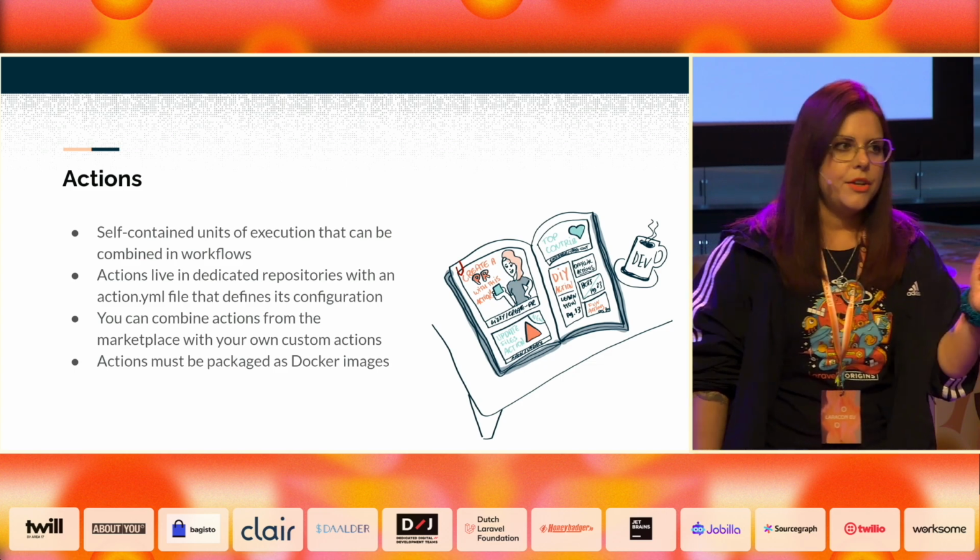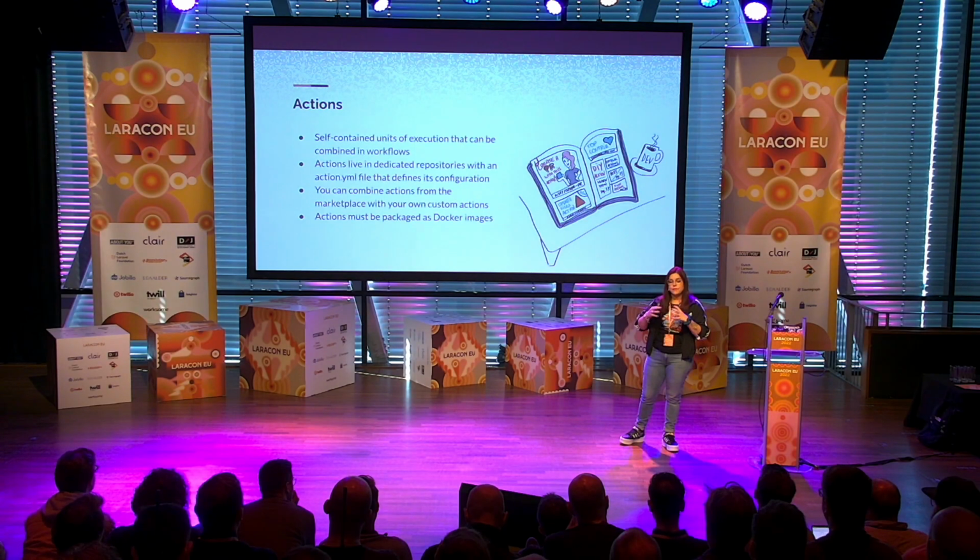You can combine your own actions with actions from the marketplace, and they must be packaged into Docker images, at least for the use case of PHP. There are some different ways to run JavaScript and other apps, but with PHP, you must turn your app into something that can be run with a Docker file.